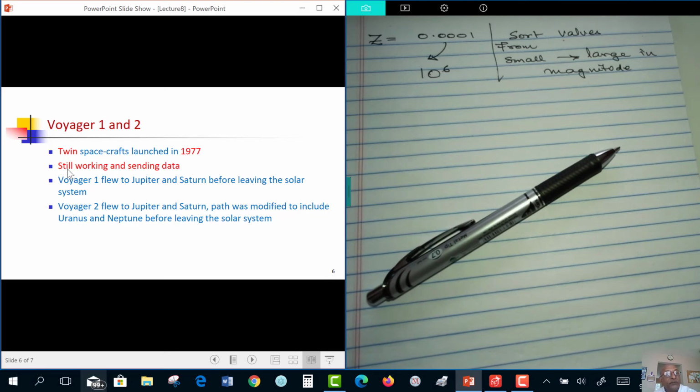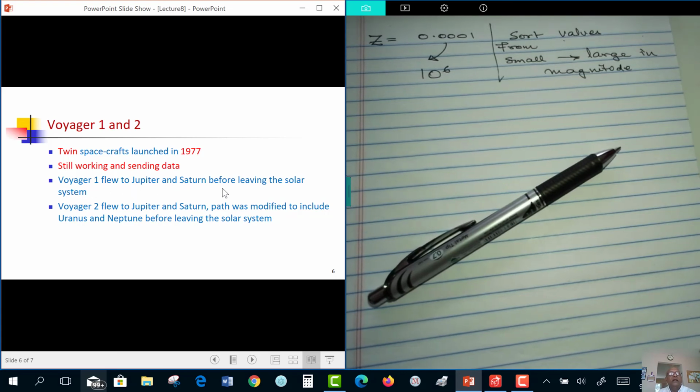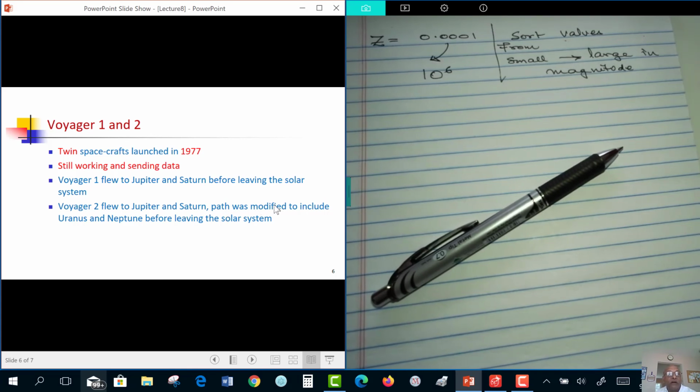Just to let you know, 50 years later, almost, they are still working and sending data. Voyager 1 flew to Jupiter and Saturn before leaving the solar system. Voyager 2 also flew to Jupiter and Saturn, then its path was modified to include Uranus and Neptune, and it visited both before it left the solar system.